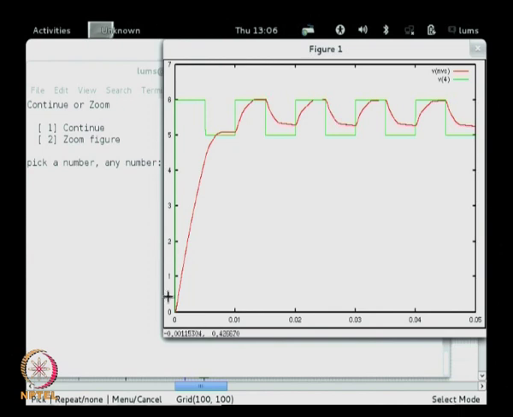And this red waveform is the output voltage which is tracking the reference waveform, and then the dynamics occur, and then it reaches steady state accuracy. Then it starts coming down. So, this is what it is trying to do. So, you can try to tune your Kp and Ki to improve the responses.